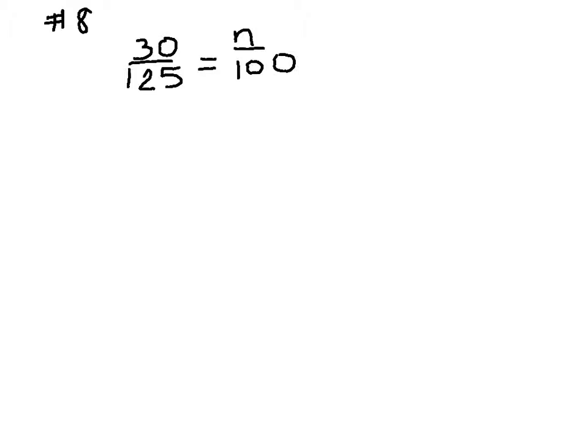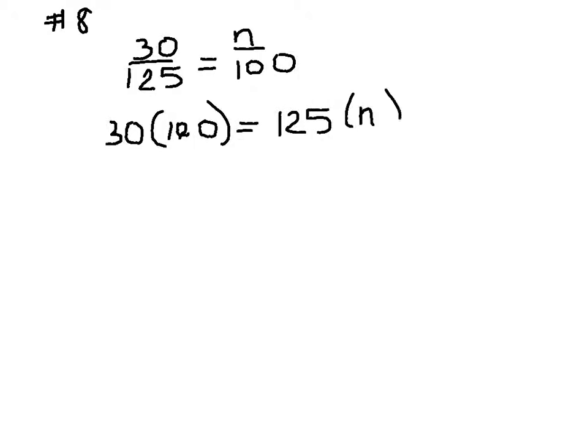So I'm going to cross multiply, so that I have 30 times 100 is equal to 125 times n. That's going to give me 3 times 1 is 3, and then 3 zeros, is equal to 125 times n.